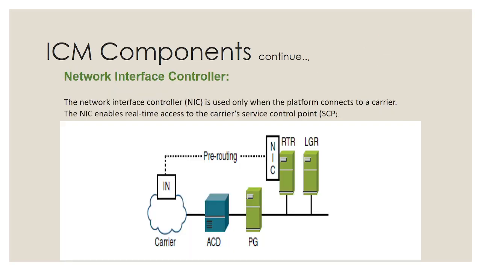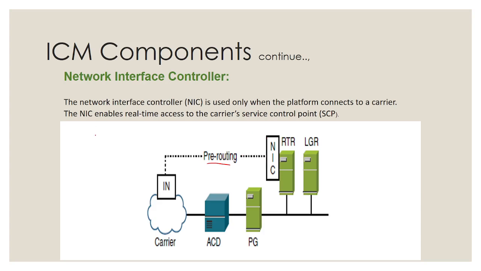This NIC was used in older versions of UCCE. Nowadays we are not using NIC anymore, so let's skip it for now. But to give a high-level overview, NIC is used in a pre-routing context where the call was not completely delivered to the ICM.